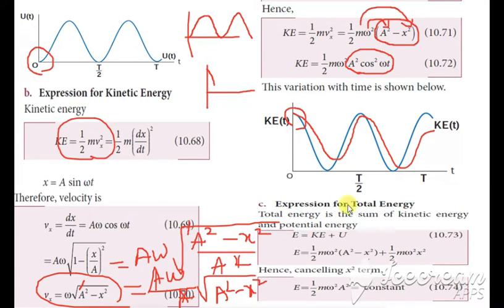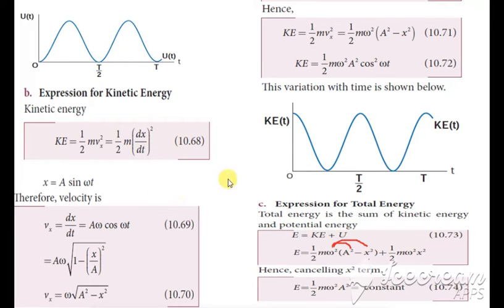Clear? Now we are going to write what is the total energy. Total energy is equal to what? Kinetic plus potential. Kinetic is half m omega square a square minus x square plus potential is half m omega square x square. Now cancelling with the term of x square in this. If we multiply this inside, we get half m omega square a square minus half m omega square x square.